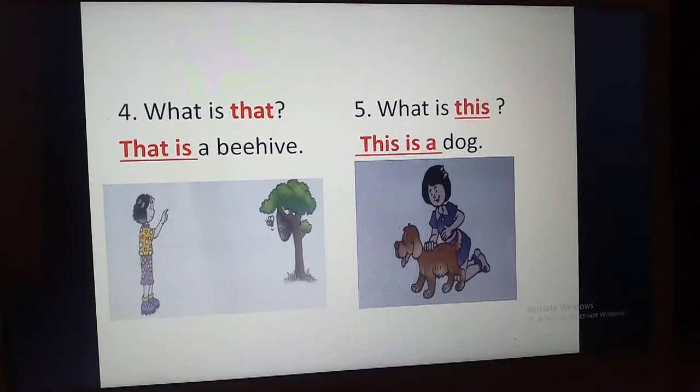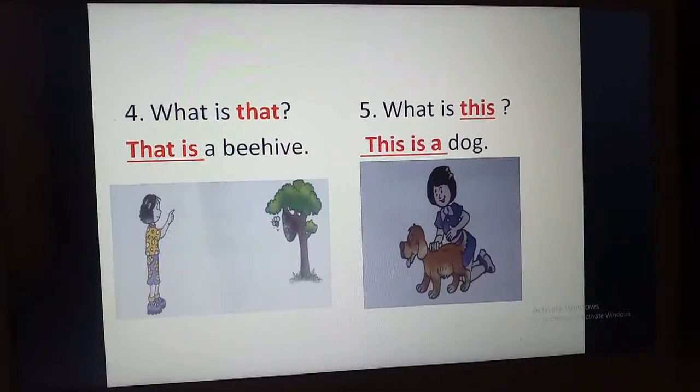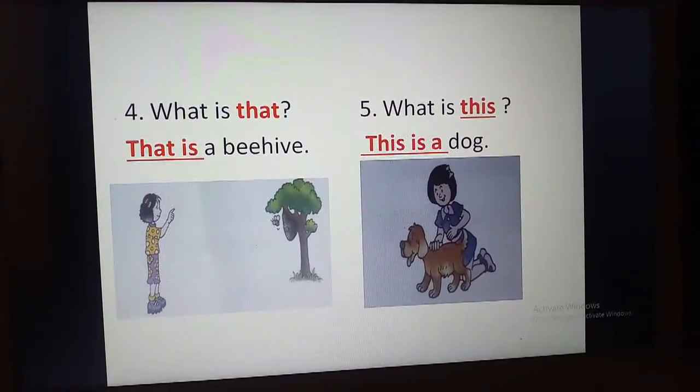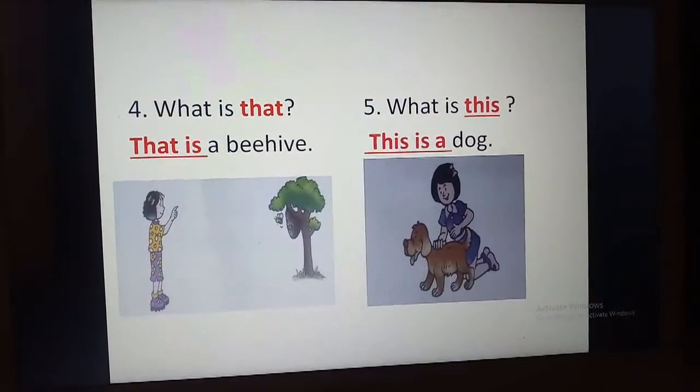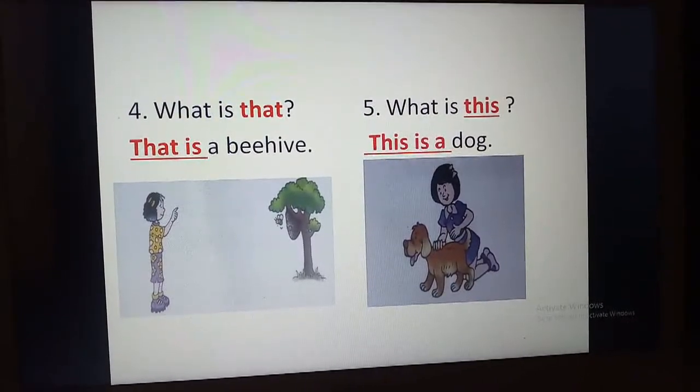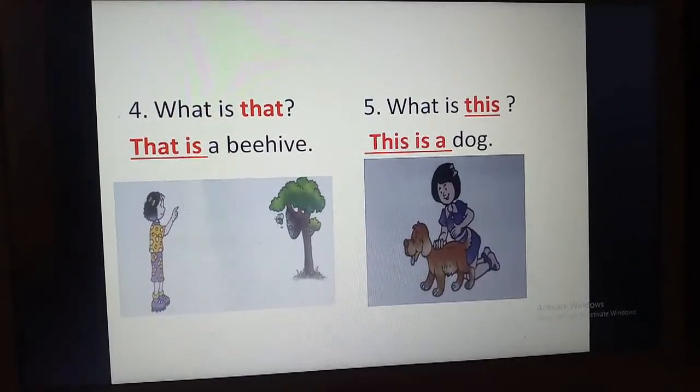Now look at the fifth picture. Can you see what is this? Yes, this is a dog and the dog is near to the girl. Isn't it? Is it near or far? Yes, it is near to the girl. So, what is written in the blank? That or this?